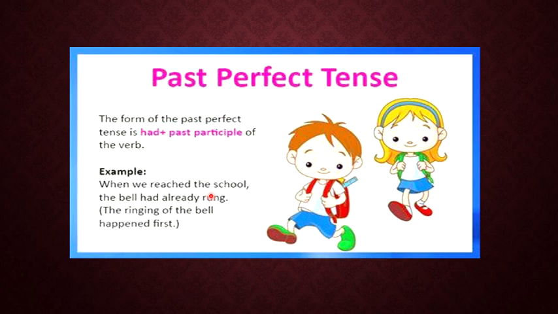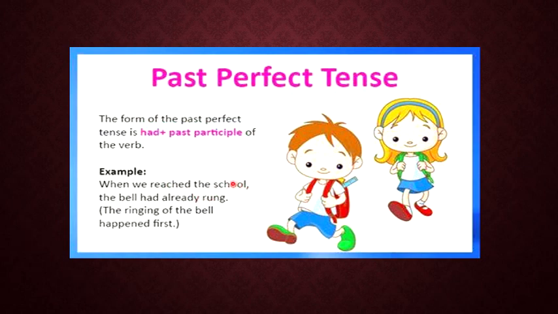So what does this mean? This means that the ringing of the bell happened first. Okay. Now see here the word is when. When we reached the school, the bell had already rung. We can also say the bell had already rung before we reached the school.